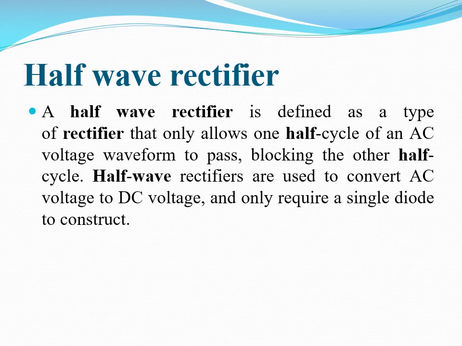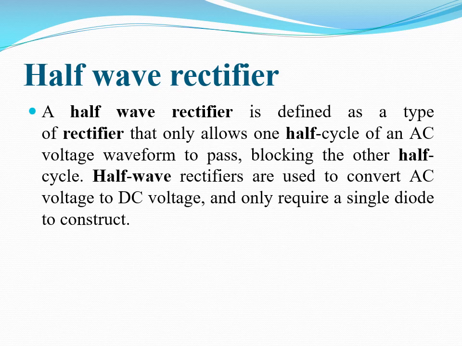Now we will discuss the half wave rectifier. A half wave rectifier is defined as a type of rectifier that only allows one half cycle of an AC voltage waveform to pass, blocking the other half cycle. A half-wave rectifier is used to convert AC voltage into DC voltage and only requires a single diode.